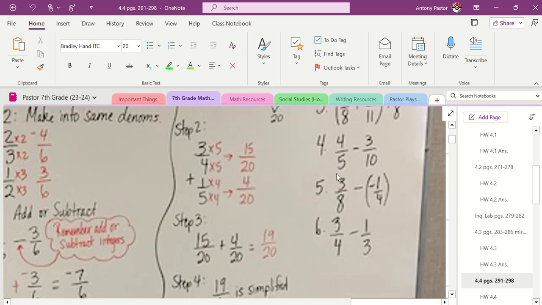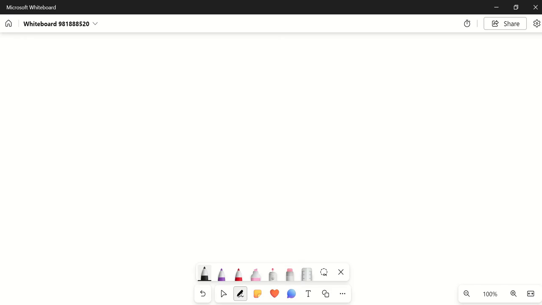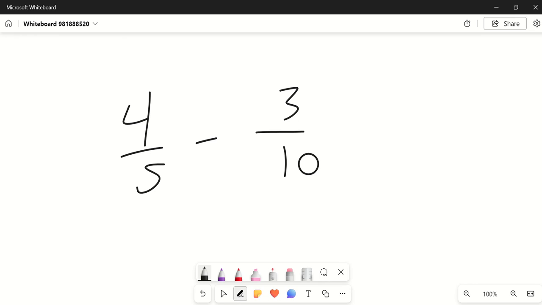Number 4, 4/5 minus 3/10. I can't make the 10 into 5 because I'd have to divide by 2, and 3 can't be divided by 2, so I'm going to upscale this by multiplying by 2. 5 times 2 will become 10.